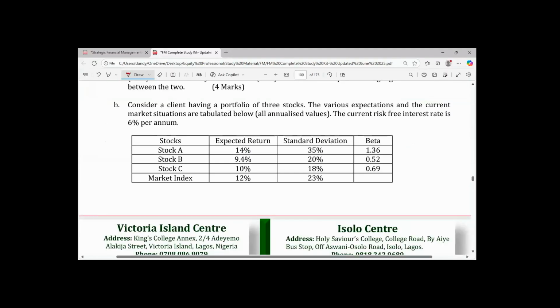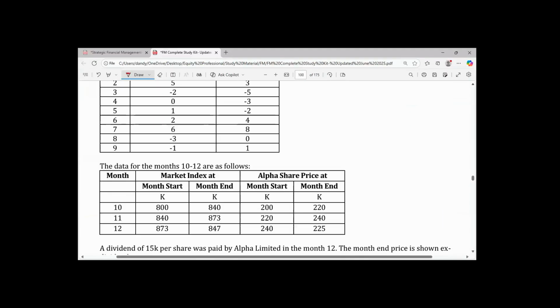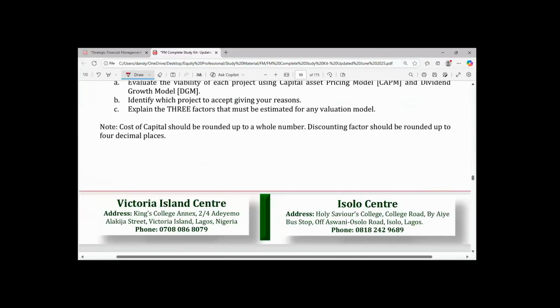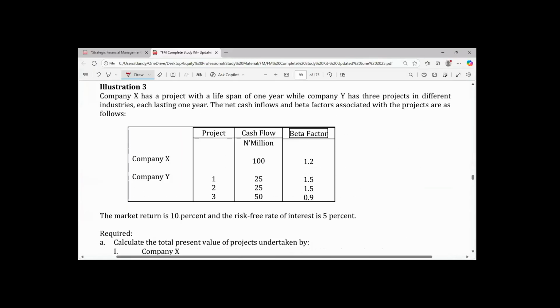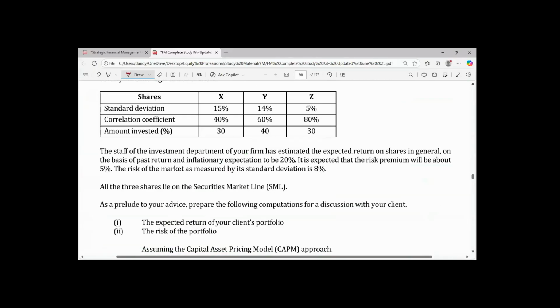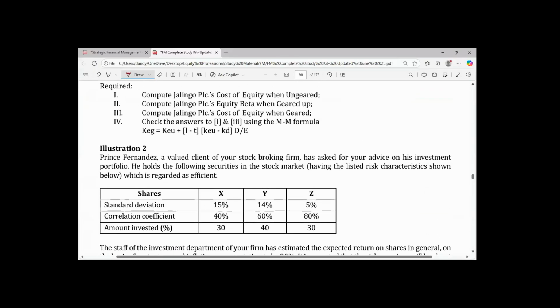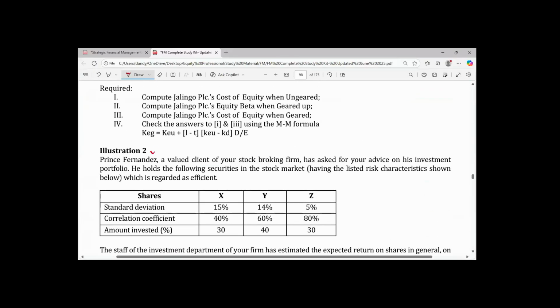Not this one yet. Let me see. Okay. Let's start with illustration number 2, please. Let me read.